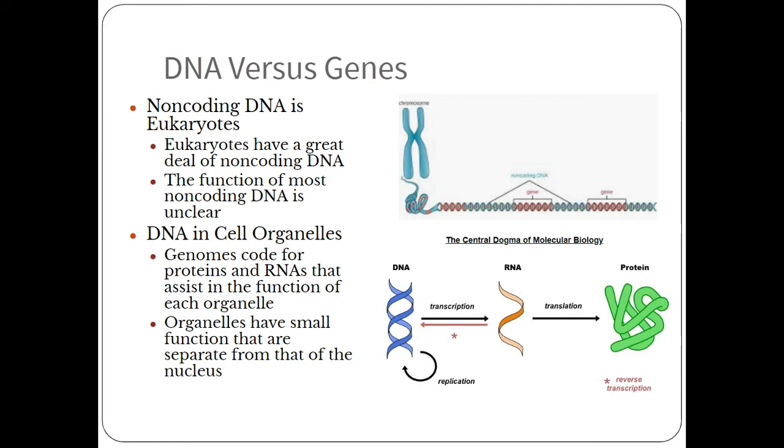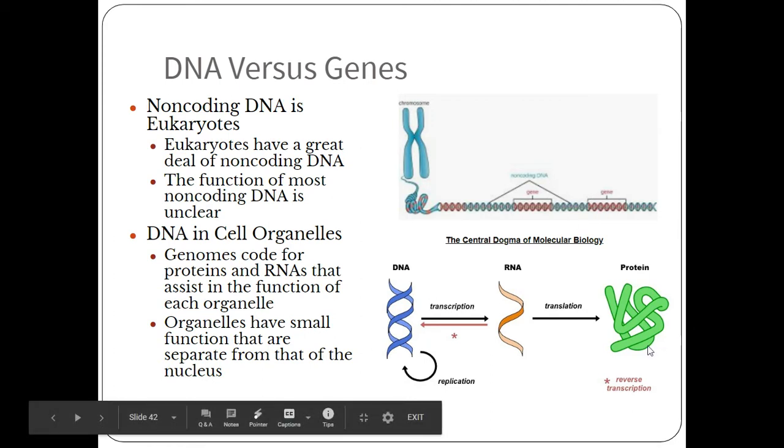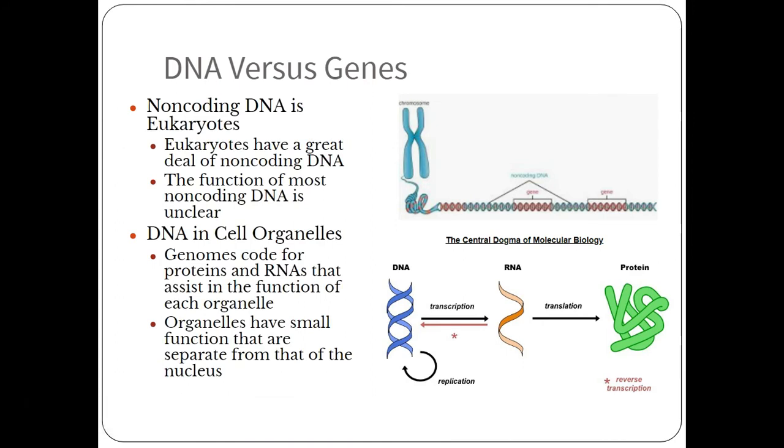We also know that sometimes with mutations, it will take the coding DNA and add a little piece of the non-coding DNA and make that now a coding piece, which can cause some good mutations and some bad mutations. It all kind of depends. And so what we do know is that the genomes that we have, they will code for proteins. And we know that is the central dogma, DNA to RNA to proteins.